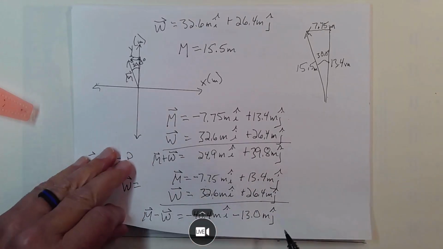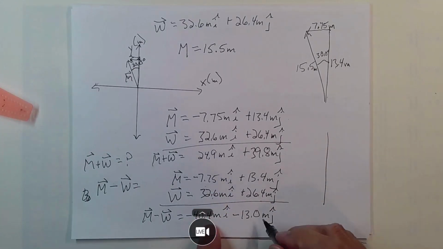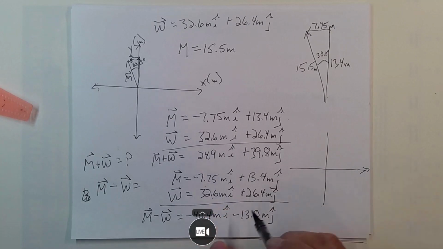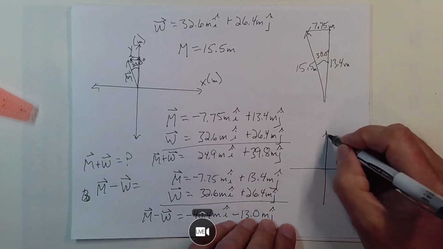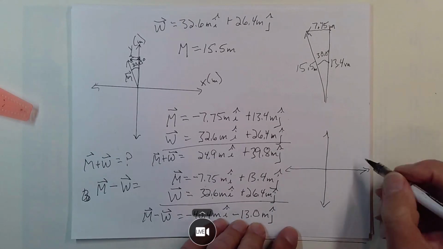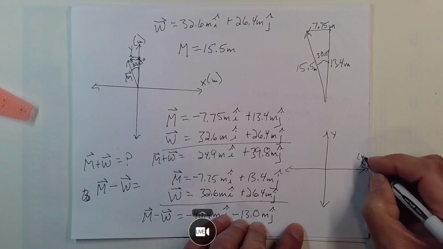Where is that going to be? Well, you can kind of sketch it. It's got an x component that's about 3 times as big as its y component. So that'll be a vector that points out, this is y here and x here, in meters.